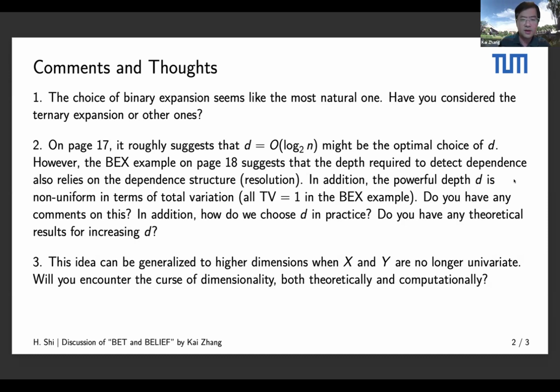The second one is about the choice of the depth d, a great question. We are working on the optimal detection boundary. I think the optimal detection boundary of any form of relationship should be a trade-off of a few things: first, the sample size n; second, the dimension p; third, the strength of the signal delta; and fourth, the complexity or depth in the binary expansion.